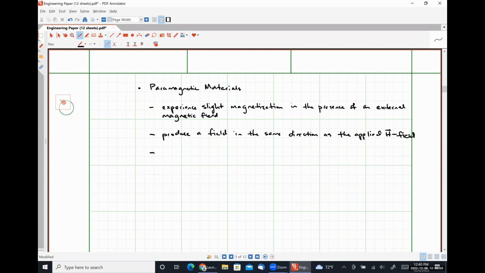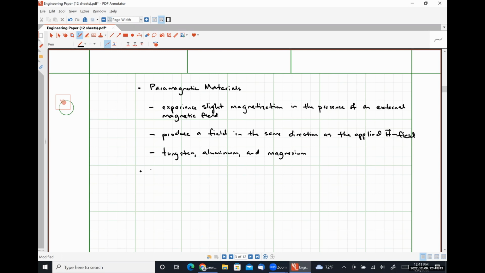Some examples are tungsten, aluminum, and magnesium.